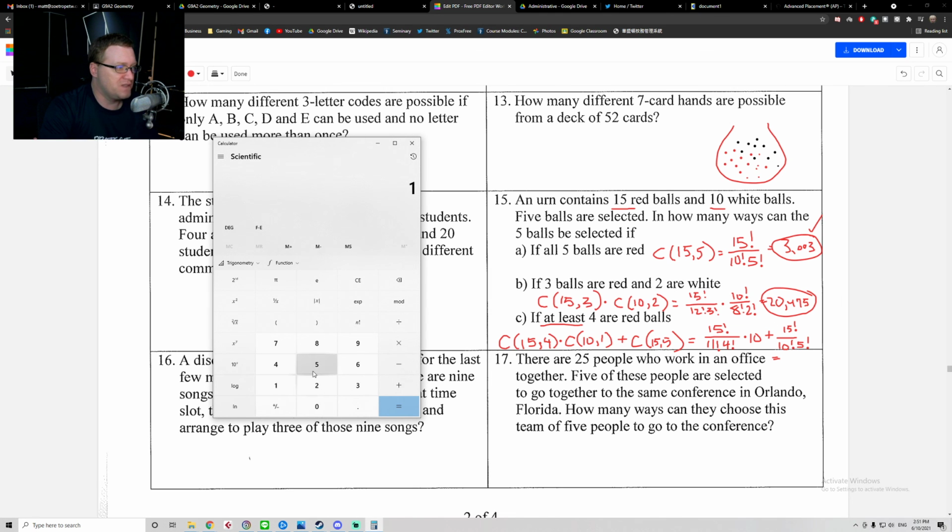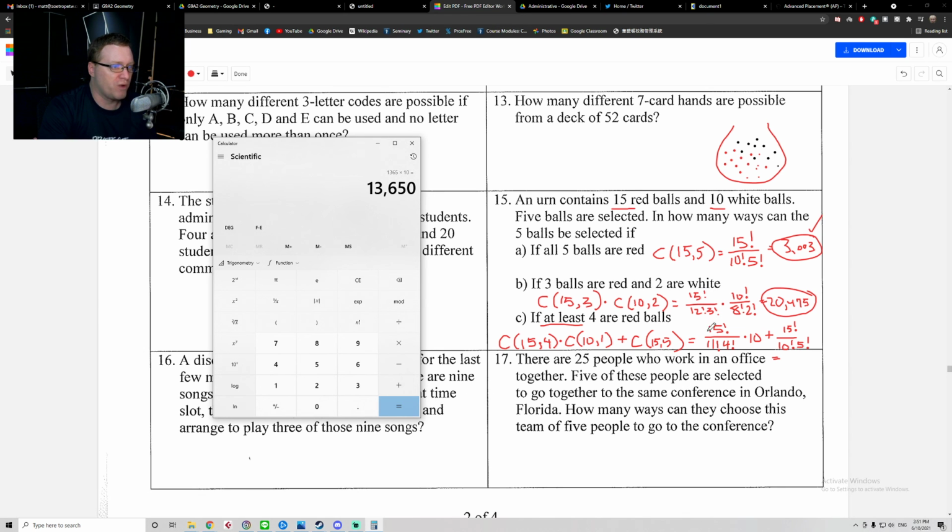All right, but we need to find this first part out first. So it's going to be 15 factorial divide by, and we'll put parentheses 11 factorial times 4 factorial. Close the parentheses and hit equals. Okay, that's this part. And then we need to multiply by 10 times 10 equals.